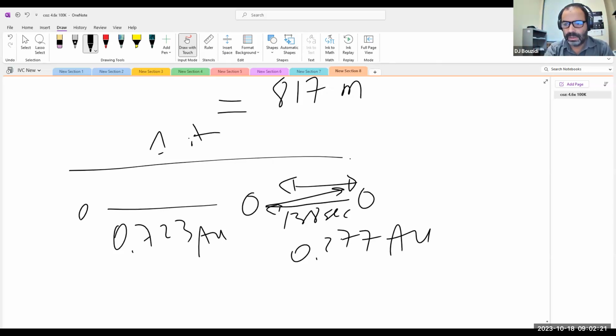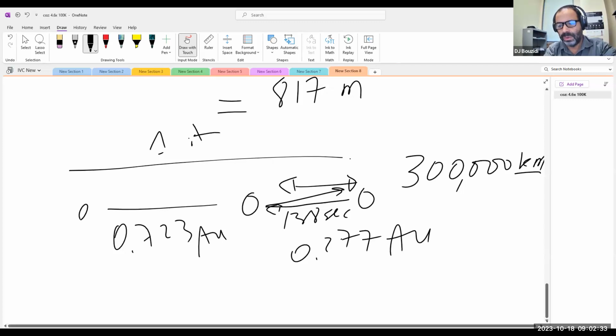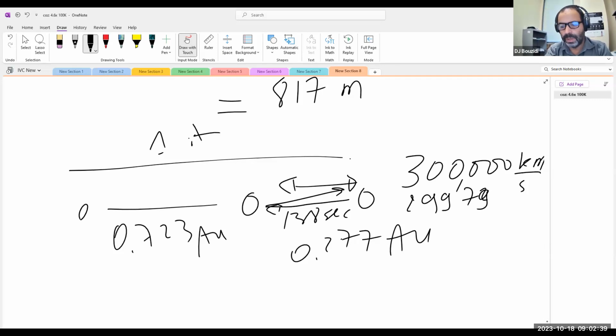So 138 seconds, and we know how fast light is. We have to really use the correct value, so we can't use 300,000 kilometers per second. We have to use the more accurate value, which is 299,792.458 kilometers per second.